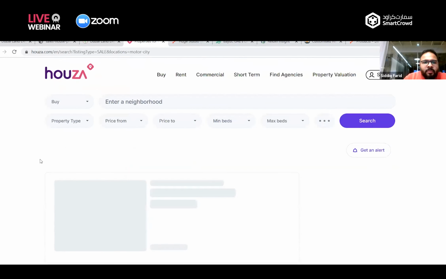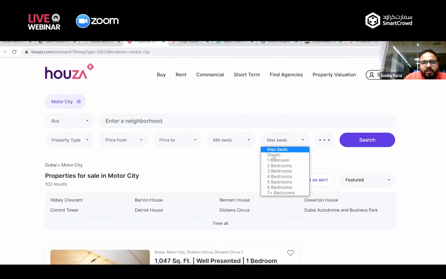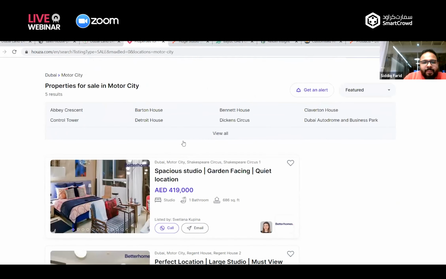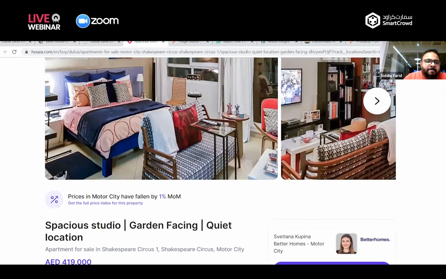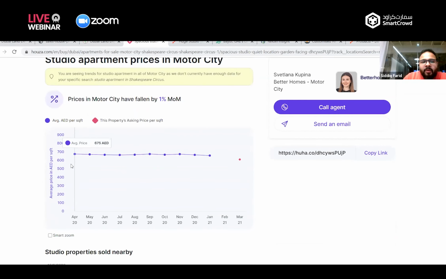So if you look at, we're looking at studios, right? Hausa also has a price trend indicator as well, to get a sense of what's happening in the price.